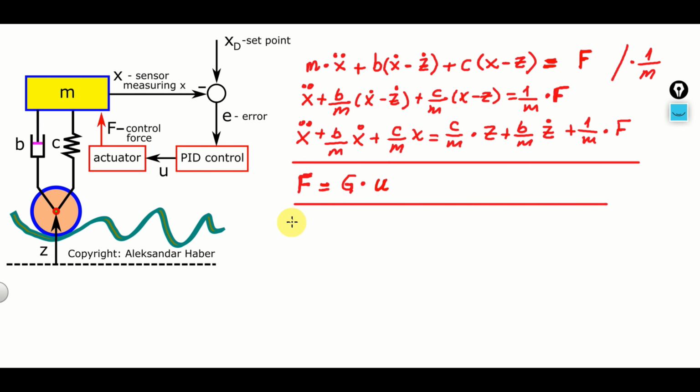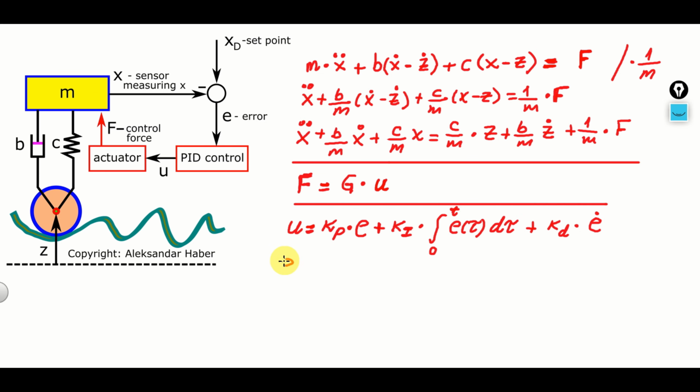The equation of the PID controller is U is equal to Kp, where Kp is the proportional gain multiplying the error, and we will define error later on, plus Ki, that is the integral gain, multiplying the integral from 0 to t of E of tau d tau, where this tau is a new variable necessary for integration and it's actually time, plus Kd, that is the derivative gain multiplying the first derivative of the error.